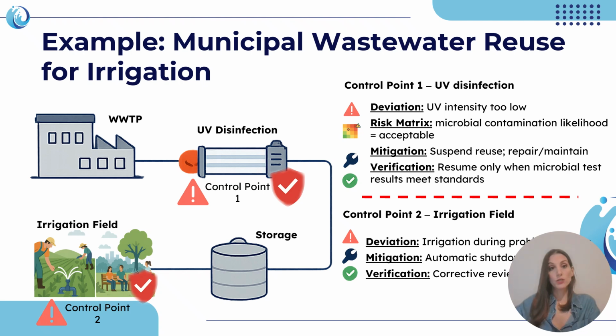The operator is notified and corrective actions are applied. These actions could include adjusting the scheduling system or retraining staff if needed. This example shows how monitoring is directly connected to the risk matrix and how deviations trigger mitigation or corrective actions to reduce risk.